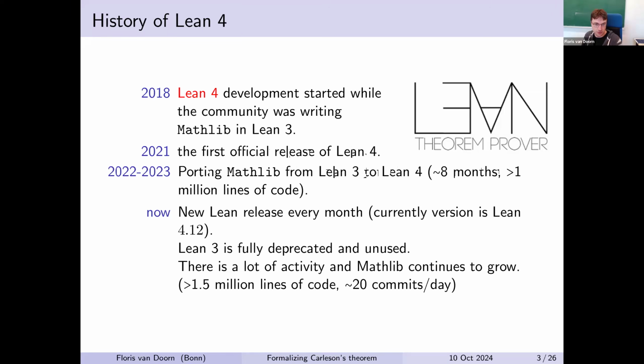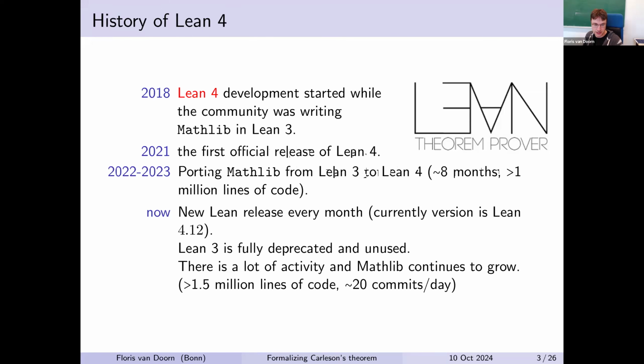So we put our effort into doing this port and making sure everything got ported. And that indeed succeeded. In the middle of 2023, we finished the port. We officially deprecated and froze the Lean 3 version of Mathlib. No new contributions are accepted there.